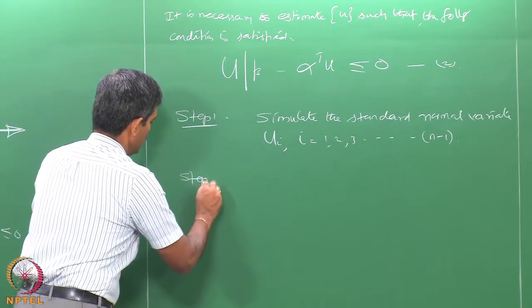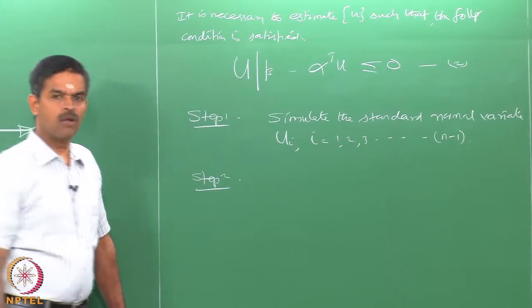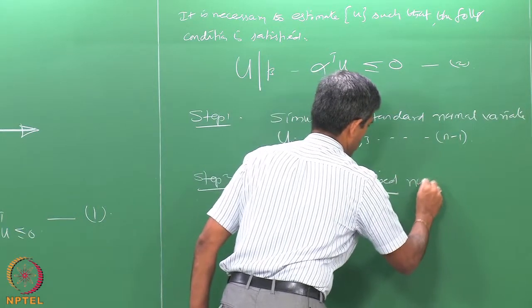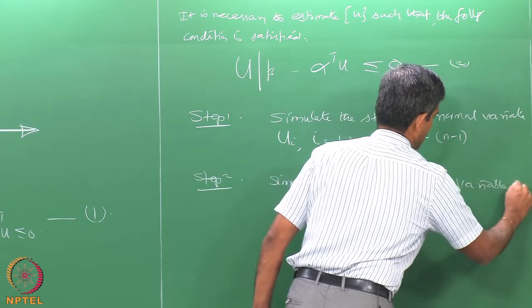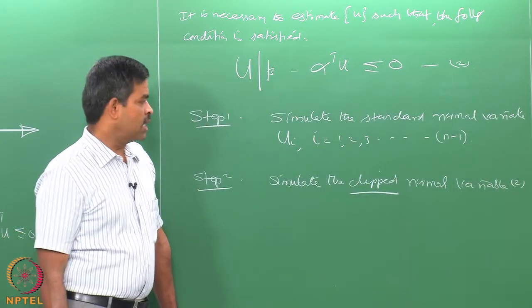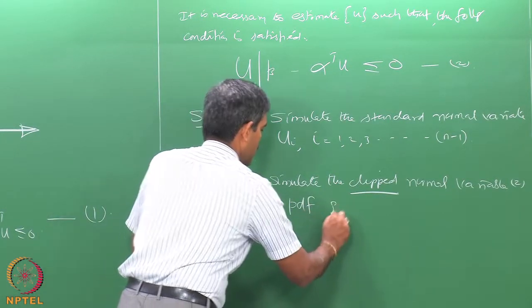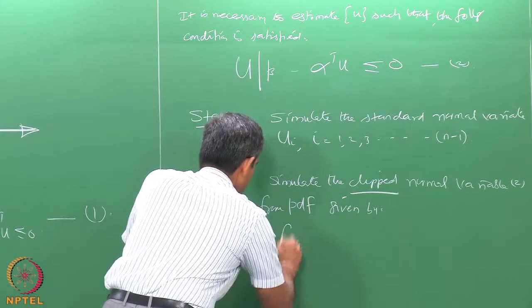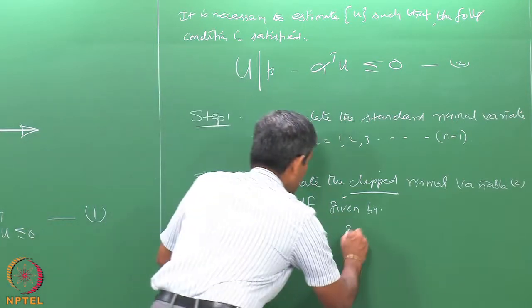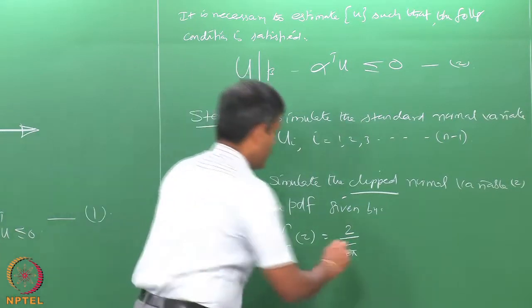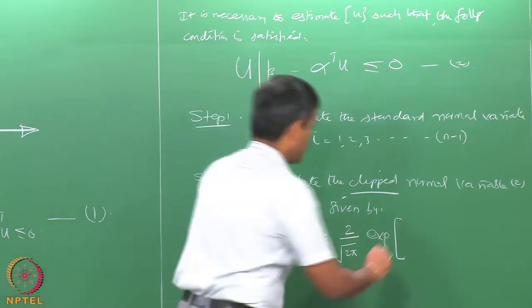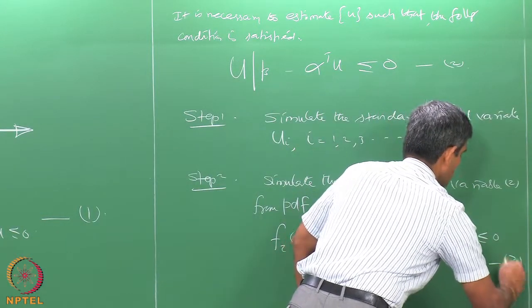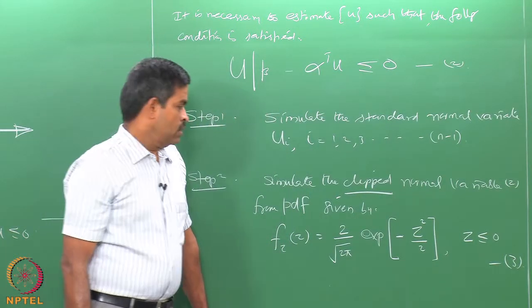In step number 2, simulate the clipped normal variable z, which can be generated from the probability density function given by f of z is 2 by root 2 pi exponential minus z square by 2, where z is less than or equal to 0. Now, solve for u1.